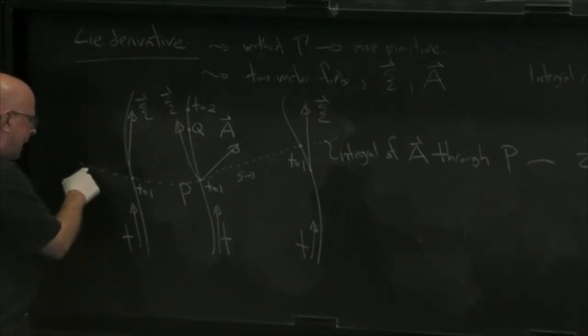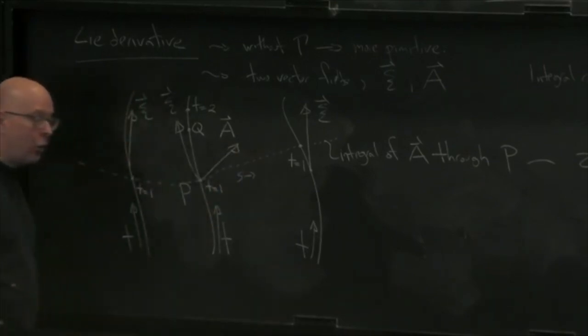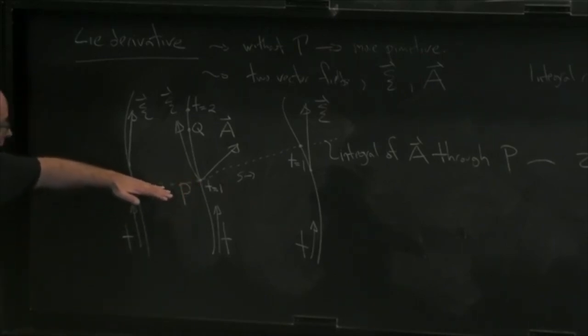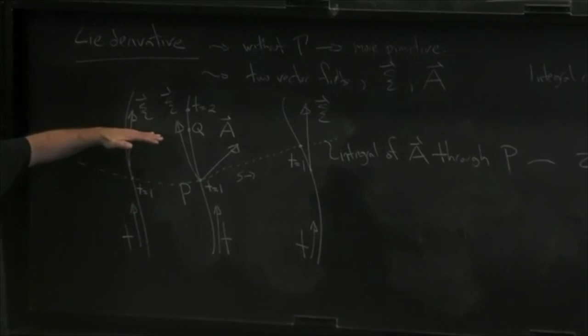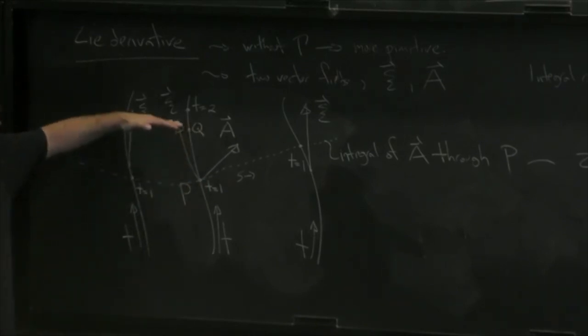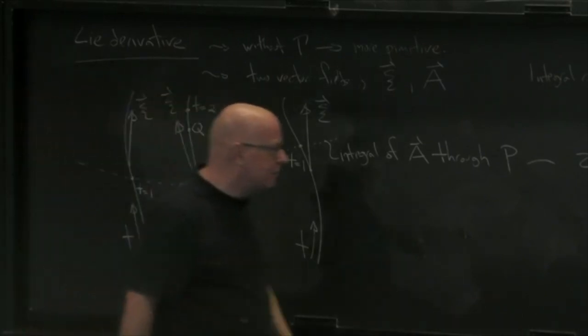So what I have here is one integral curve of the vector field A, the one that passes through P. And what I'm going to do is to take that curve and slide it up along those curves, the integral curves of c, by a constant t offset. So let me draw this.